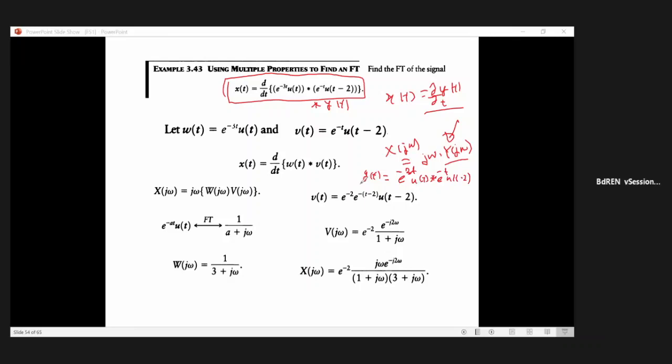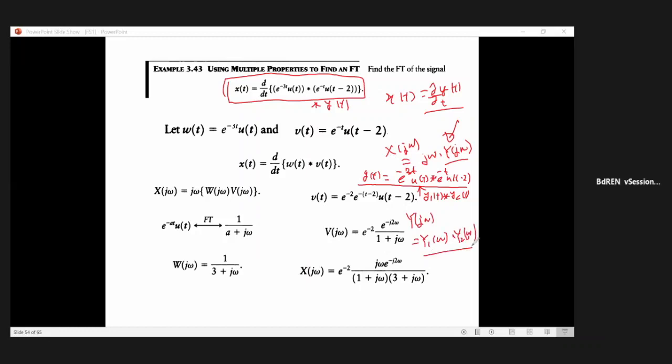Then we have to find the Fourier transform of this convolution. But we know the convolution property: you can consider this as y1(t) and this as y2(t). This was y1(t) convolved with y2(t). Then Y(j omega) would be equal to Y1(j omega) multiplied by Y2(j omega), isn't it?